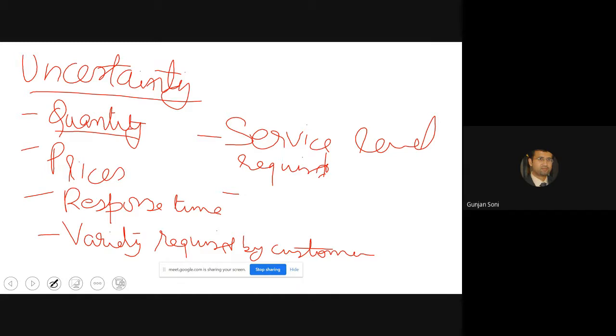For consumers, it may not be a big problem because we generally don't purchase in large quantities, just two or three soaps, or one or two shampoos. But distributors and retailers purchase in bulk. So the service level concept is more related to business-to-business transactions, and any variation in that could lead to disruption in supply chain, or to an increase in uncertainty between supply and demand in the supply chain. So, service level requirement.